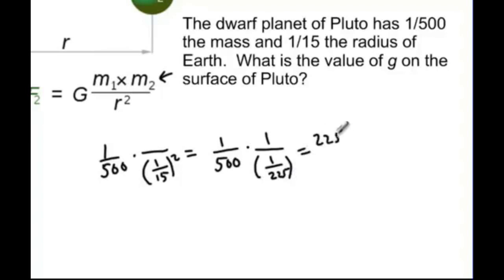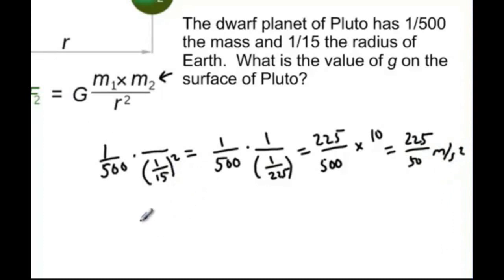So 225 is on the top, 500 is on the bottom, and that is how many times gravity there is. Now, if you think about it, our gravity is about 10 meters per second squared. So if we multiply that by 10, you get 225 over 50, and that would be Pluto's meters per second squared.